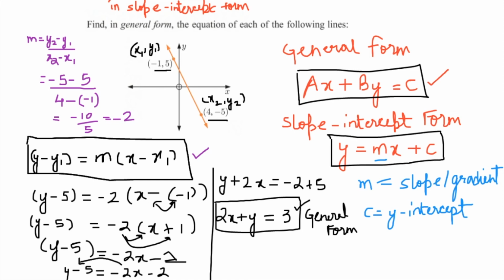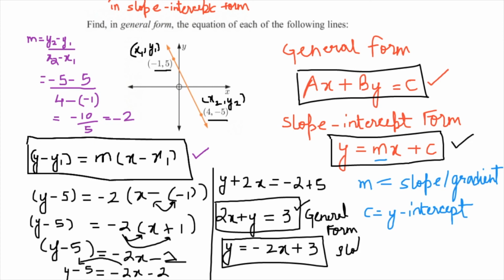So I'll shift this 2x to the other side, and I'll get my slope intercept form. So y is equal to minus 2x plus 3. So this is matching with our slope intercept form. We have y is equal to mx plus c form. So this is my gradient or slope intercept form.